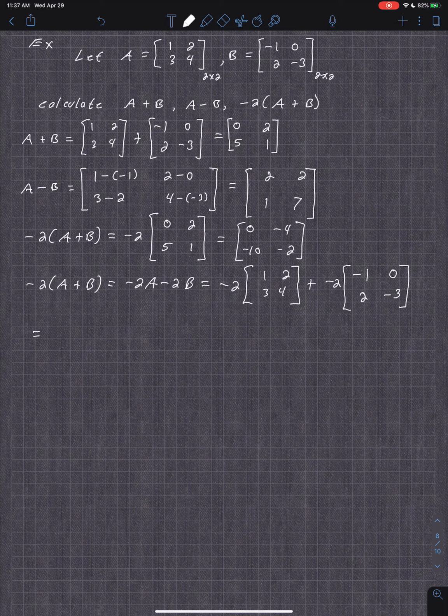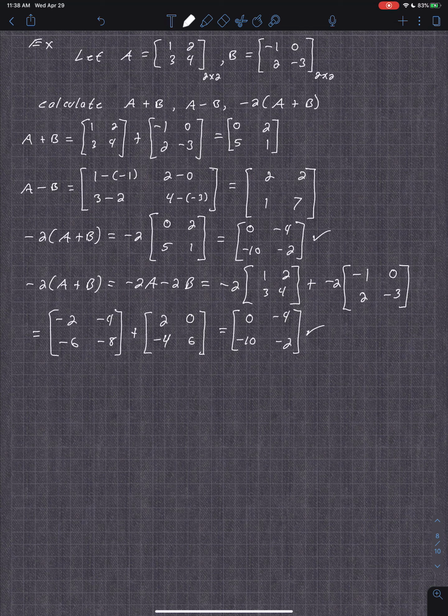So that's equal to -2, -4, -6, -8, and then plus 2, 0, -4, and 6. Okay, so you get 0, -4, -10, and -2. You add those up. Is that the same as above? And yes, it is. You should get the same, of course.